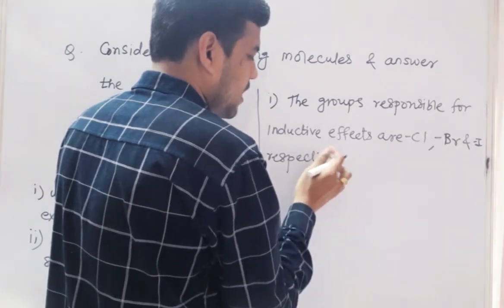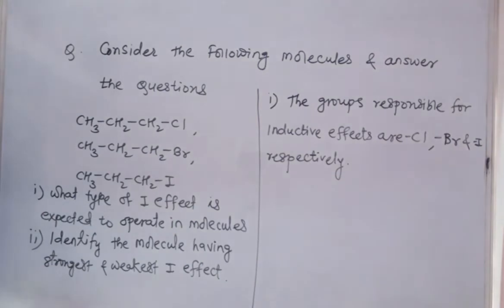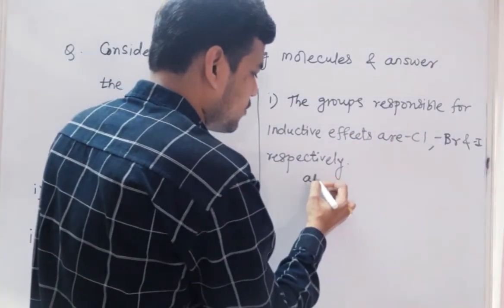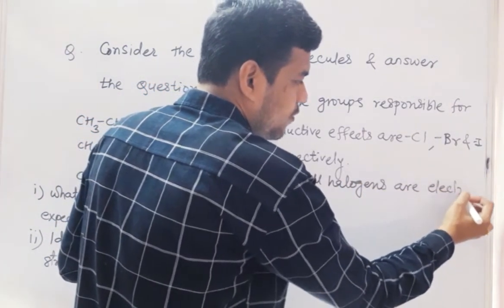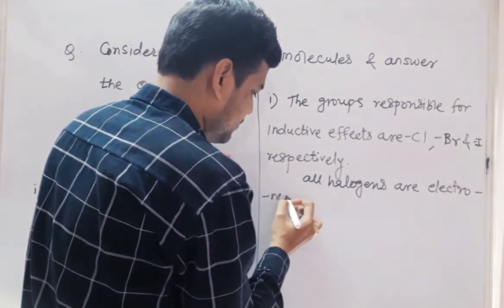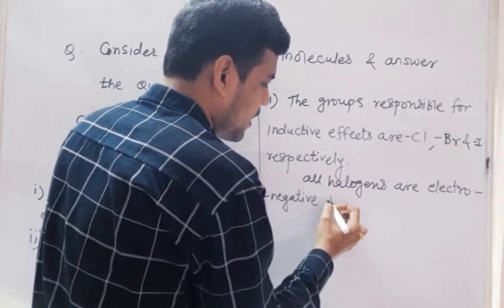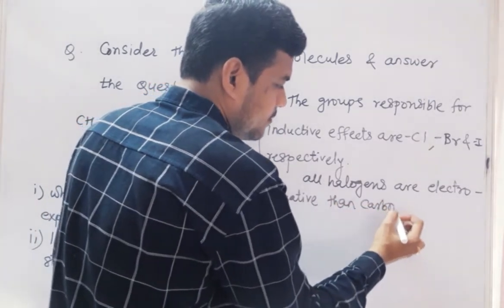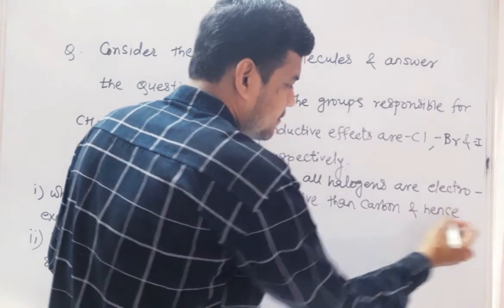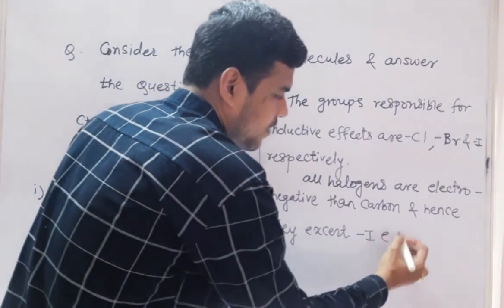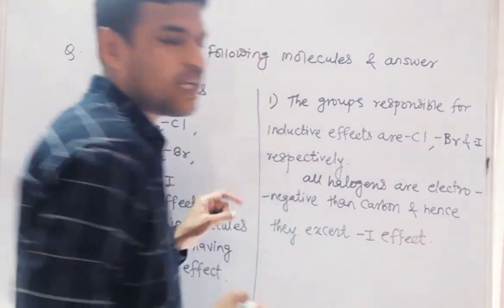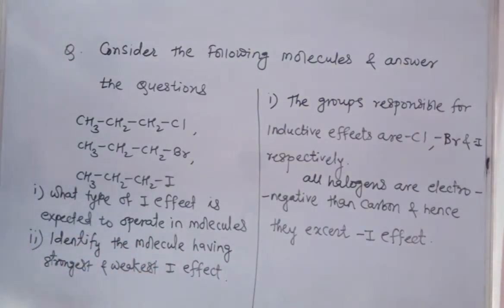Now all these halogens are electronegative than carbon, and hence they exert minus I effect, that is electron withdrawing inductive effect, that is negative inductive effect.